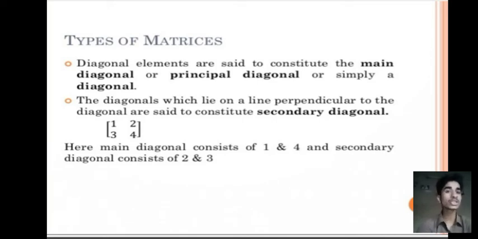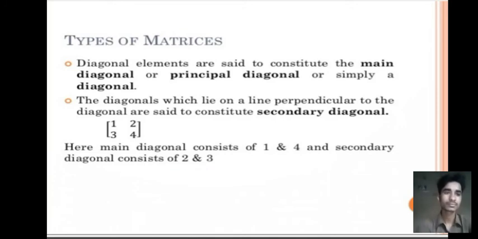The diagonal which lies on the line perpendicular to the main diagonal is said to constitute the secondary diagonal. Here the main diagonal consists of 1 and 4 and the secondary diagonal consists of 2 and 3.